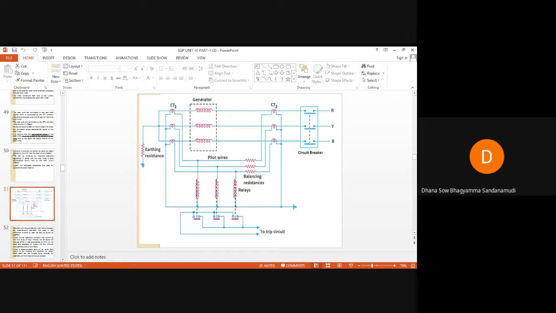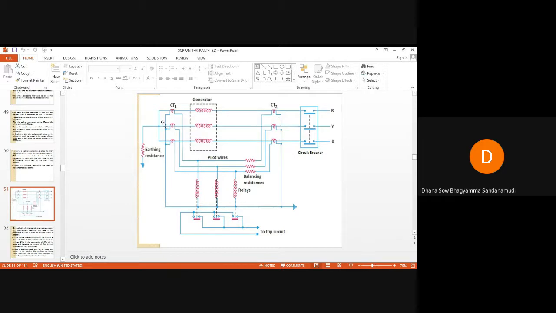Now let us consider the next case, that is, under faulty condition. Let us assume there is a phase-to-phase fault or phase-to-earth fault, an LG fault or LL fault, occurring in any of these windings. If a fault occurs, the current measured by the CT primaries on both ends of the windings will no longer remain the same.